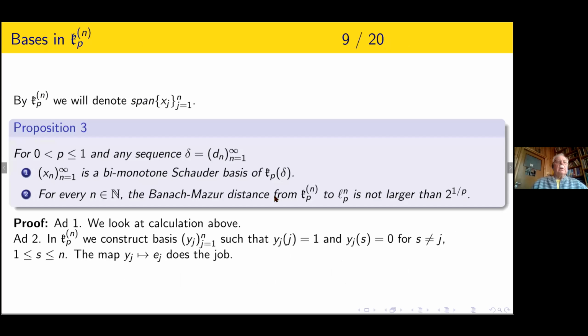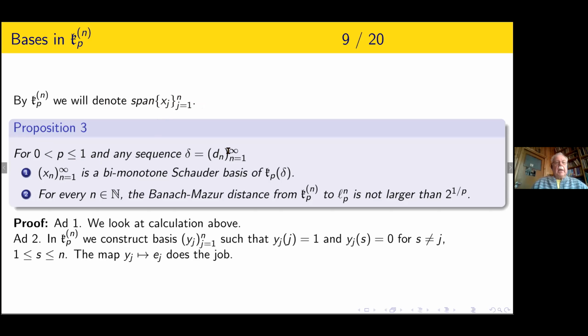And then by K_p^n we will denote the finite span of the sequence x_k. And now we have simply the proposition for p between 1 and infinity. Whenever possible, we include p equal 1 because it doesn't hurt us.